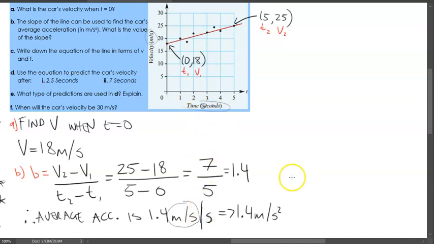We're getting very physics based right now, okay? As long as you can get this number 1.4, that's one of the main aims, okay? Getting that average rate.